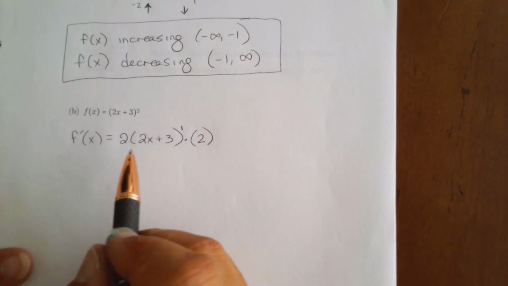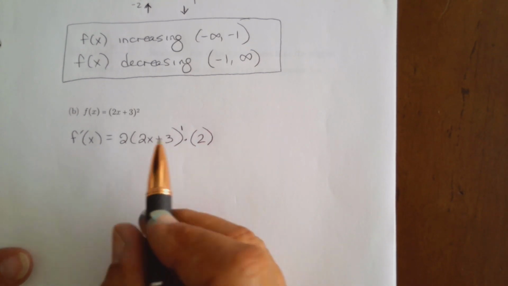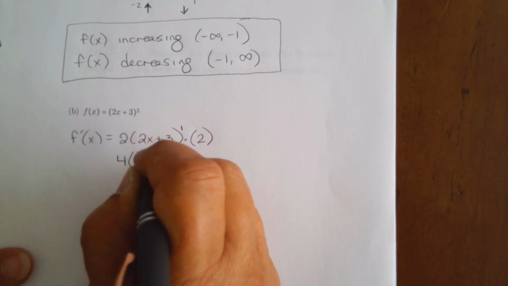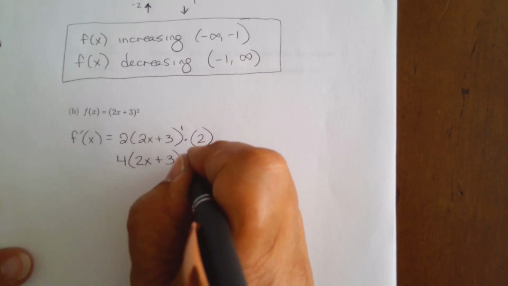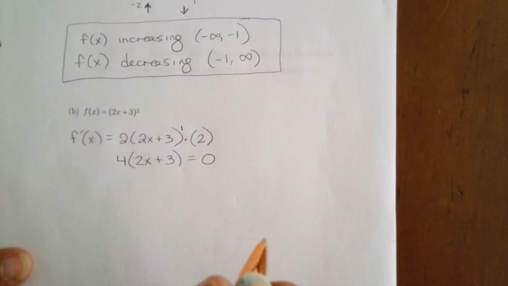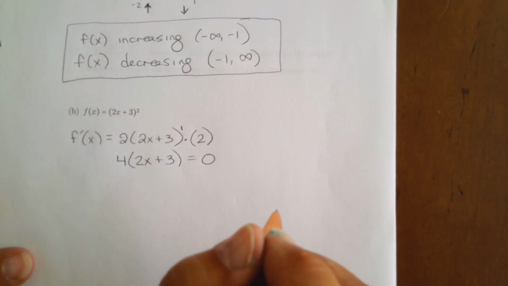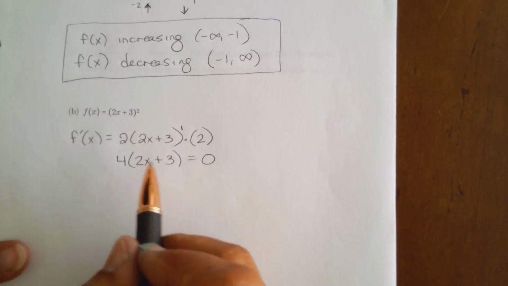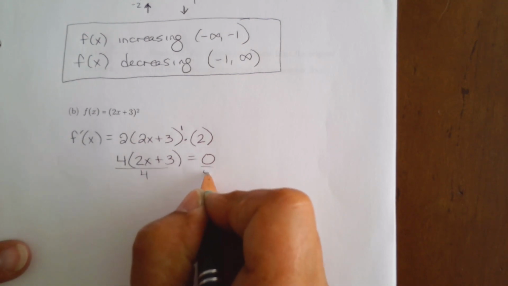All right, so because we have to set that equal to 0 and solve it, we're going to clean that up a bit. So we're going to do 2 times 2, which is 4, times 2x plus 3. You don't need the 1 there. That's what you're going to set equal to 0 and solve. All right, so let's remove this 4 by dividing both sides by 4.